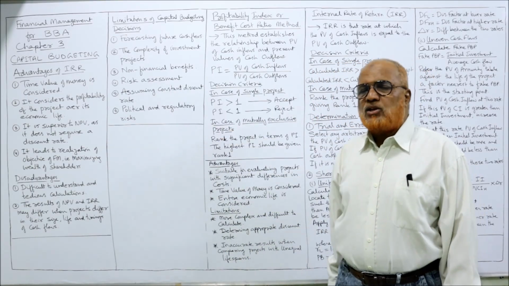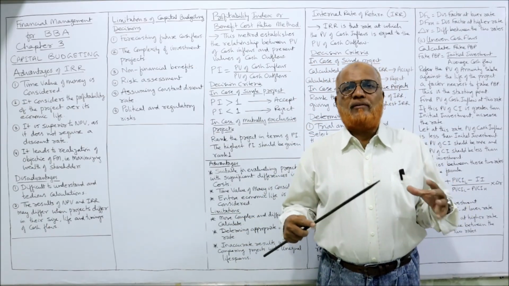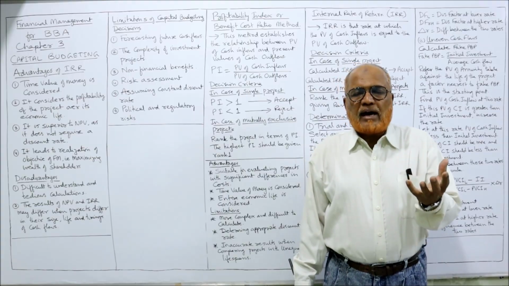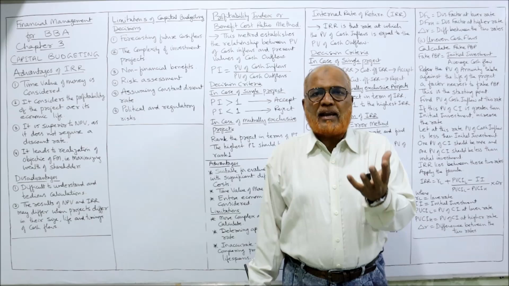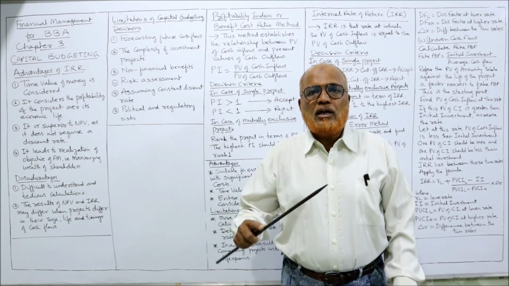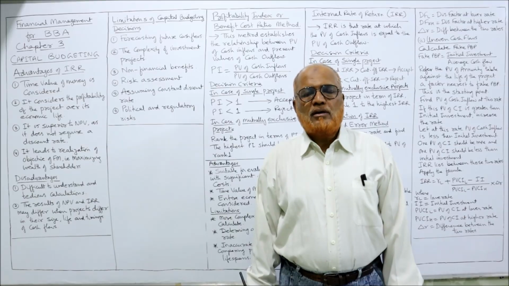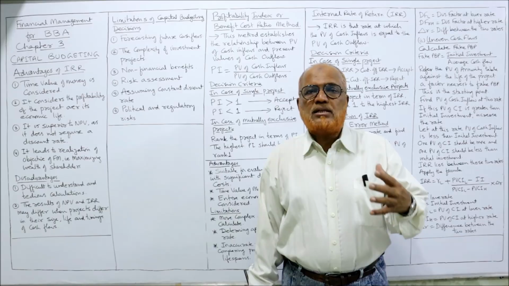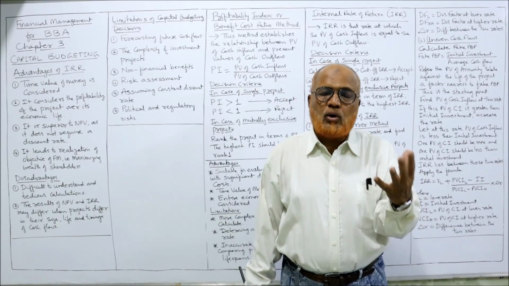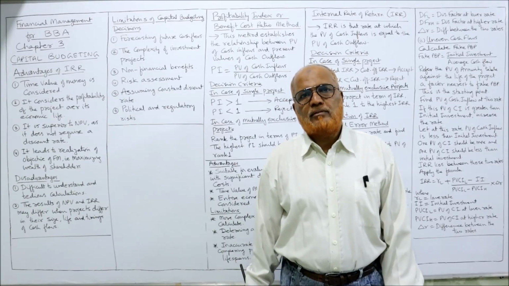Next is non-financial benefits. We will see only financial benefits. That means when we evaluate capital budgeting decisions, we consider only financial aspects, ignoring the non-financial aspects. But a business organization has to consider both financial and non-financial factors in evaluating the benefits.